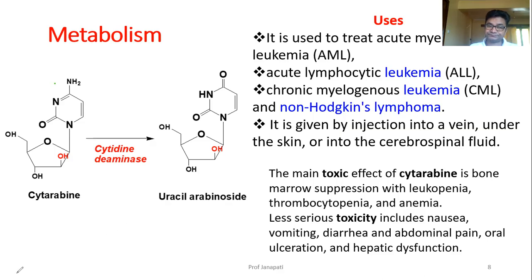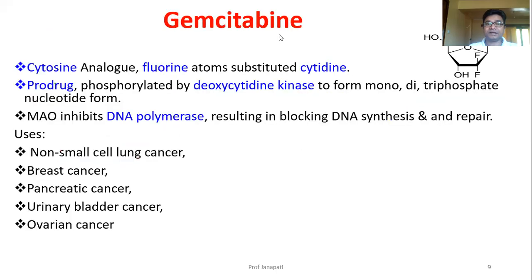The next one is one more new drug, gemcitabine. Here it is a cytosine derivative. At the second position of the sugar, two fluorine atoms are present. In cytarabine, arabinose sugar is present; in gemcitabine, fluorine atoms are present.